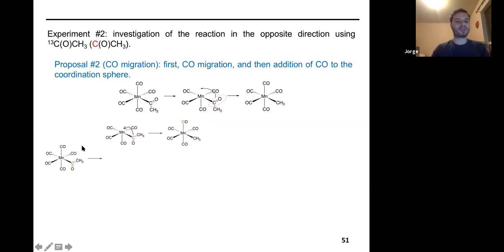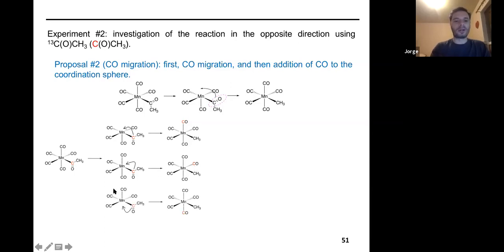The second possibility is to lose this carbon monoxide, this CO ligand over here, then migration of the labeled CO to that position, and that generates labeled CO cis to the methyl group as well.